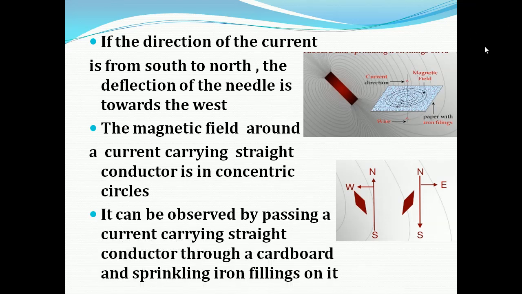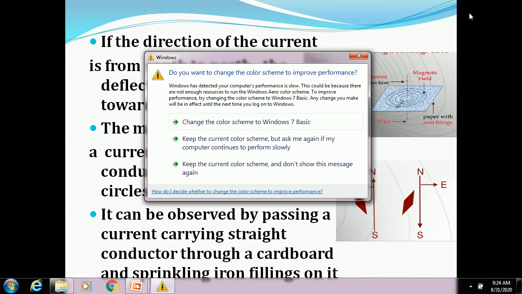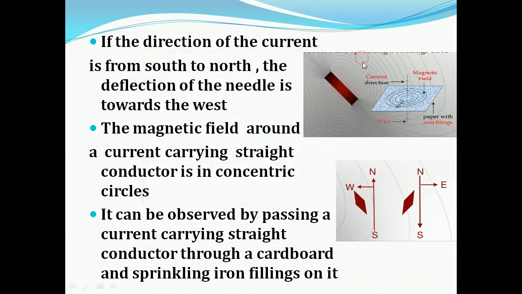We can observe this magnetic field by passing a current carrying straight conductor through a cardboard and sprinkling iron filings on it.